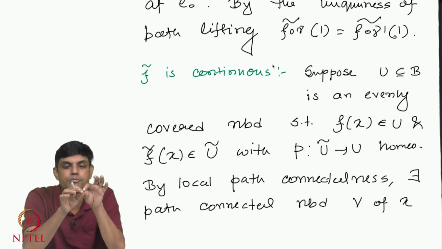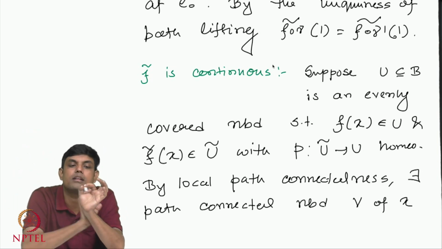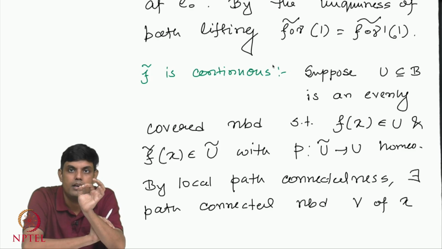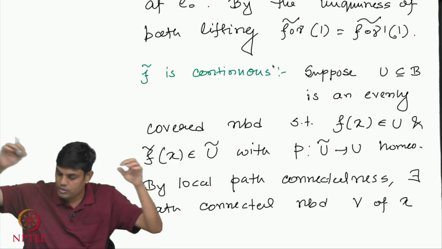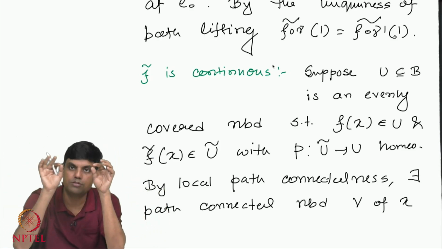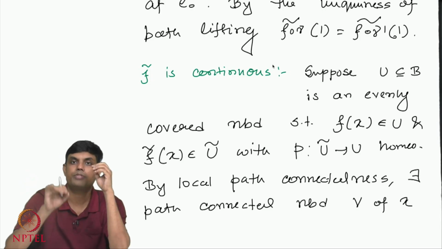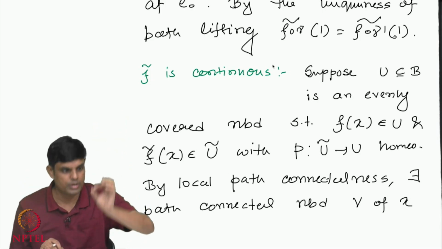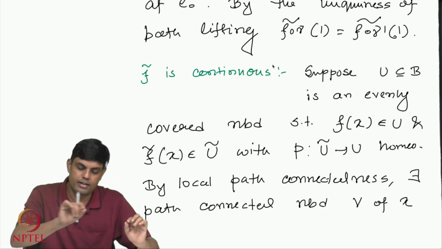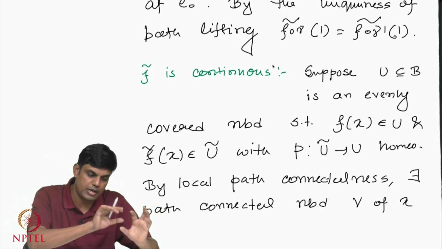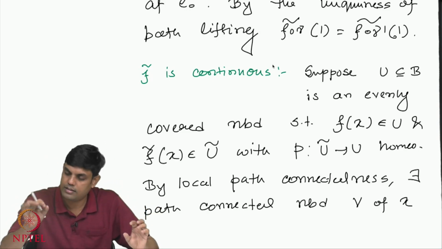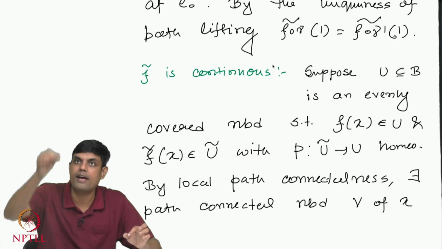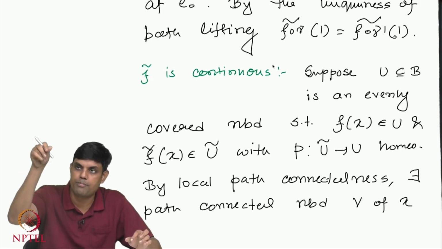If I take a base point b0 and look at a neighborhood there, its inverse image will split into open sets, and each of them contains one inverse image of b0. So if I specify which inverse image of b0 I am talking about, there will be a unique one-to-one homeomorphism, and for the map f which goes from my space X to that open set U, I can construct the lift just by applying p inverse.